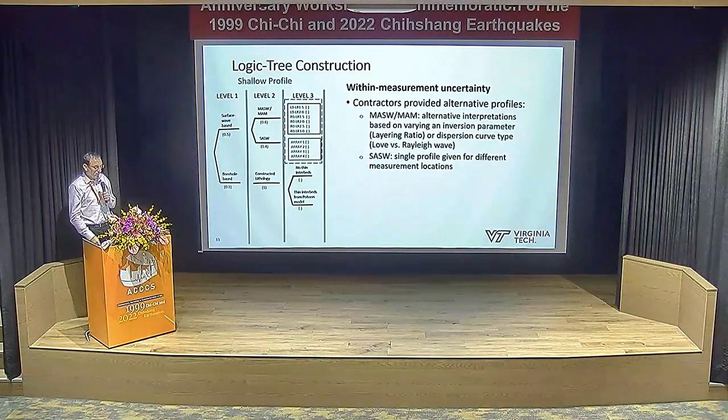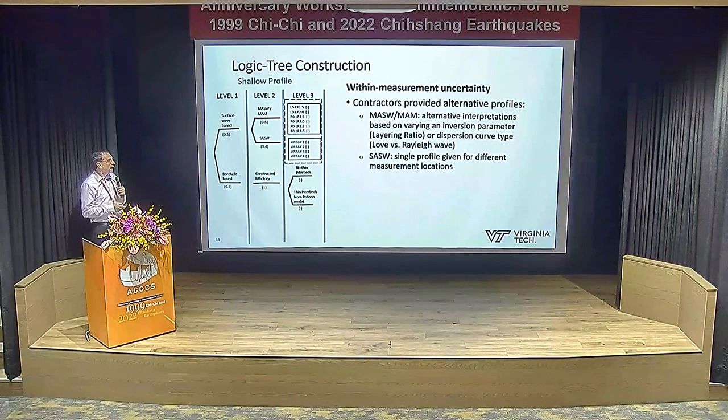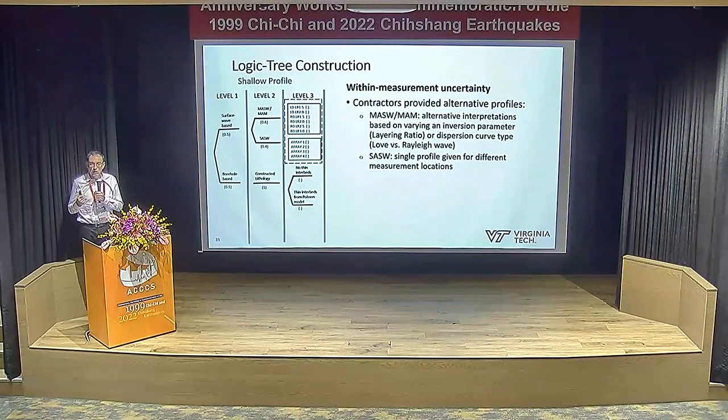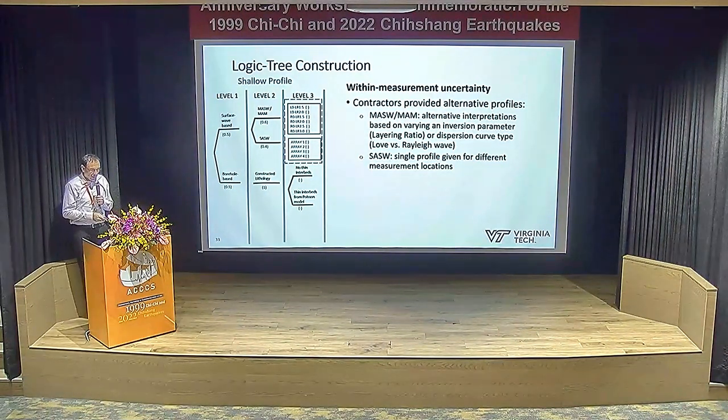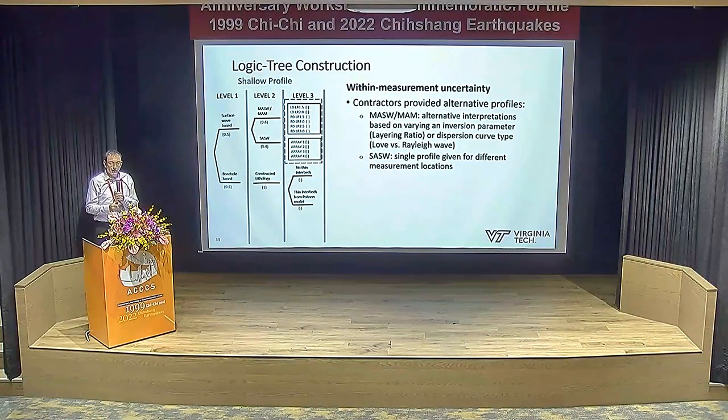So one other decision we made is that instead of trying to build a single model out of all our surface wave measurements, we took independent measurements that were given to us by the experts that did the measurements and used profiles based on these independent measurements.